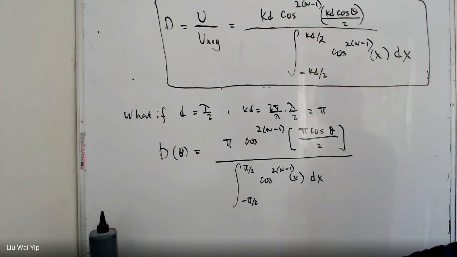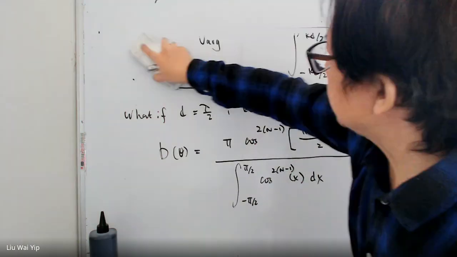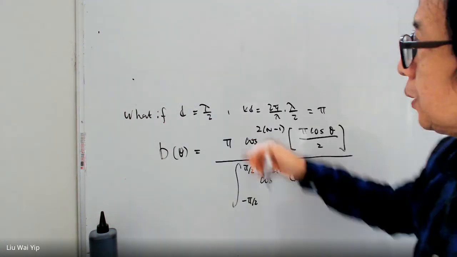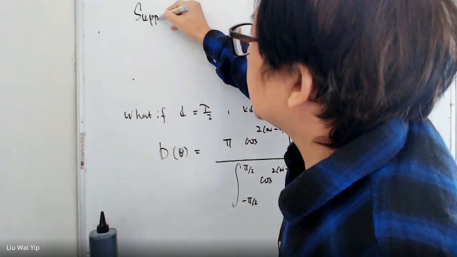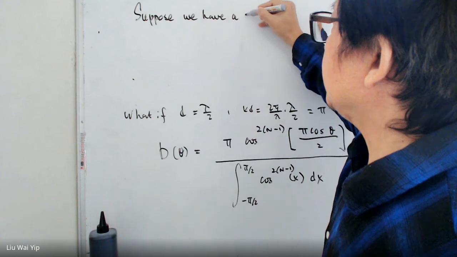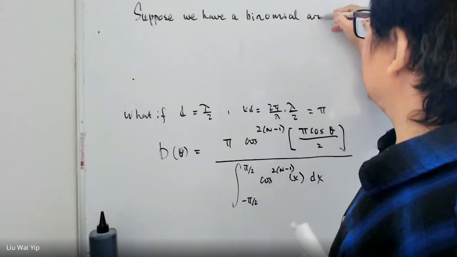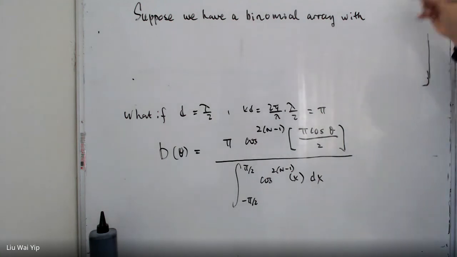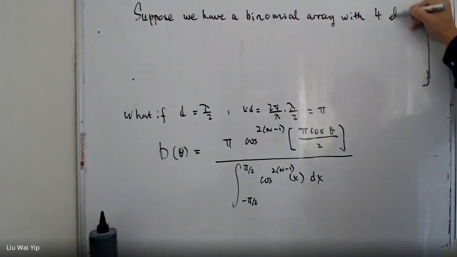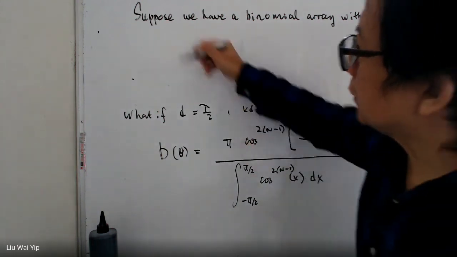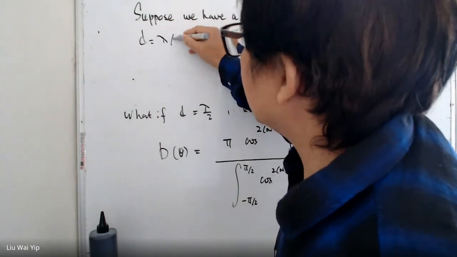Suppose n is equal to 4. Now, suppose we have a binomial array with, say, 4 elements, and d is equal to lambda divided by 2.